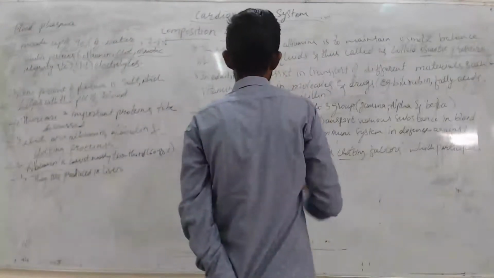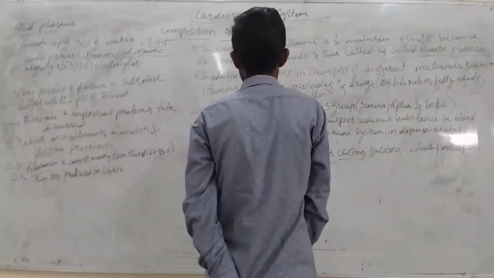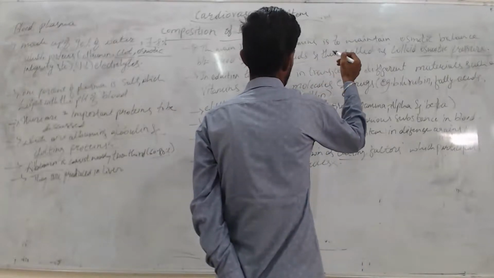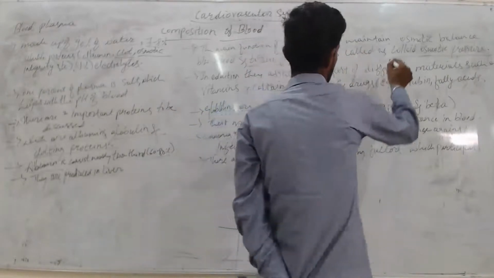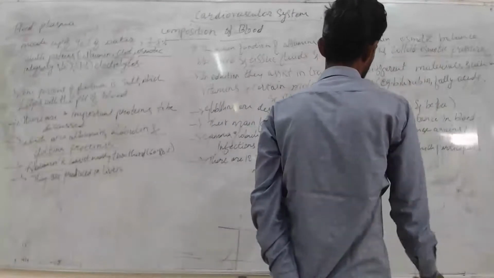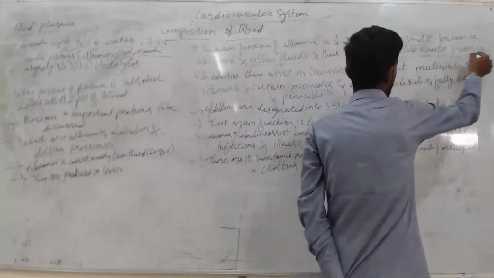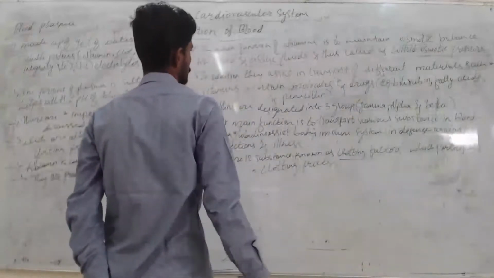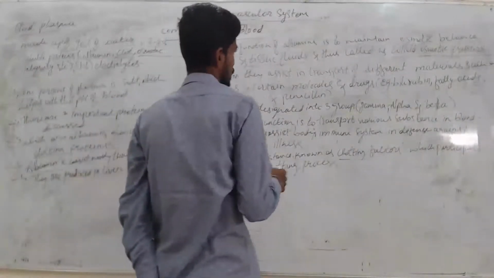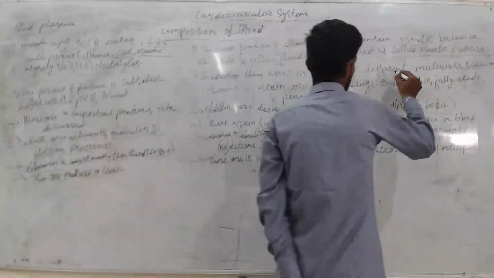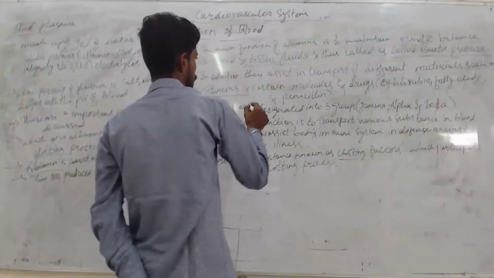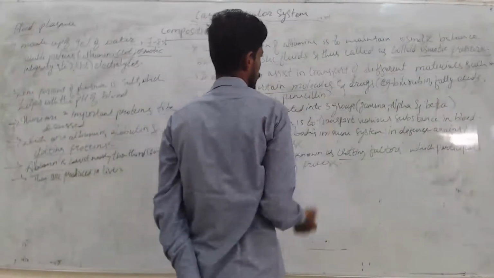This maintenance of osmotic balance is commonly known as the colloid osmotic pressure.